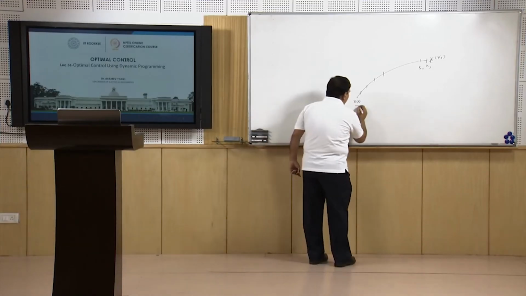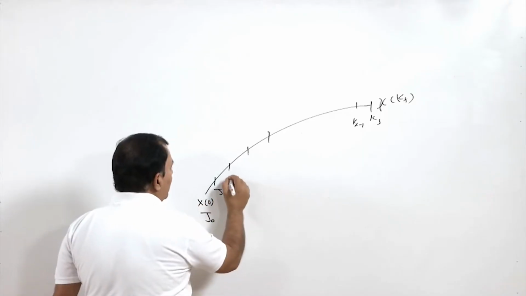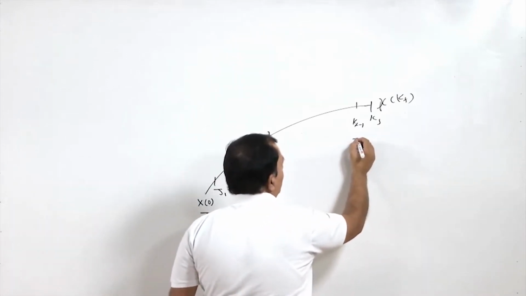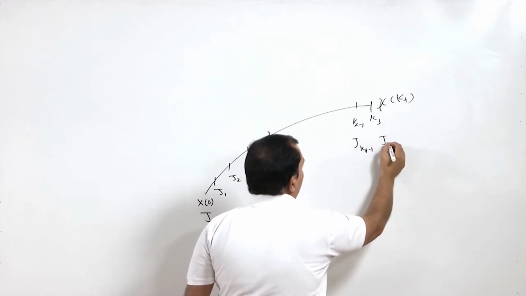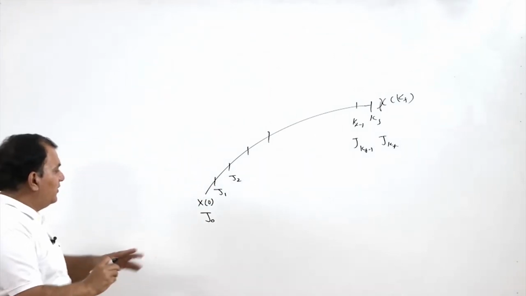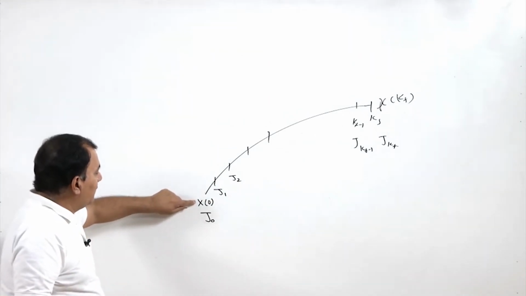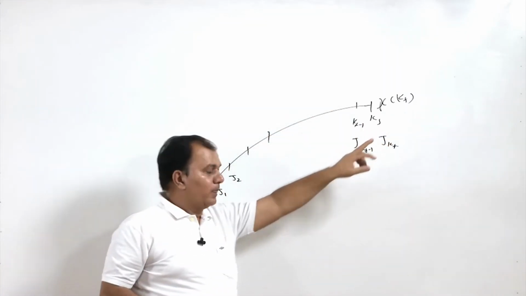So, I can say this is my J0, J1, J2, up to J(kf minus 1), and J(kf). What is this representing? J0 is the optimal cost to transfer the state from x0 to xf.